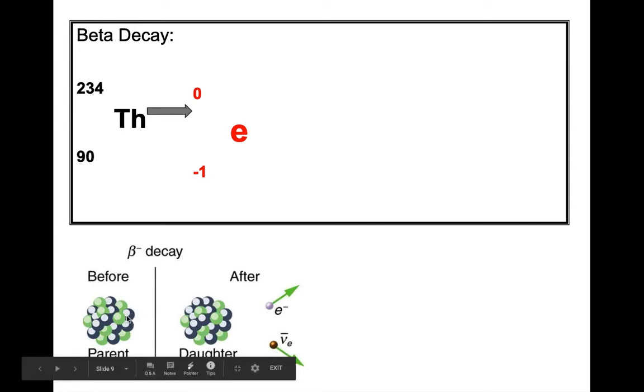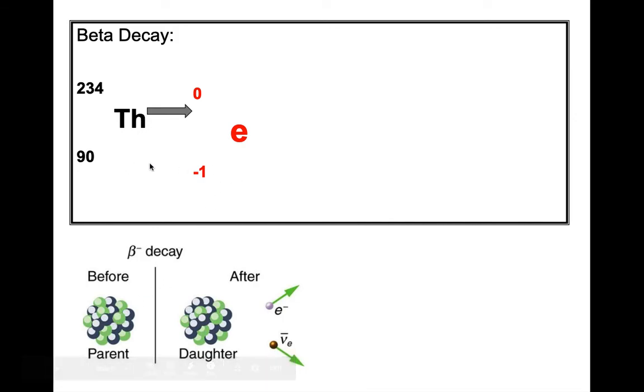Remember, a neutron is converted into a proton. So if we're subtracting a -1, if a neutron is being converted into a proton, the atomic number is going to increase by 1. Again, the atomic mass stays the same.